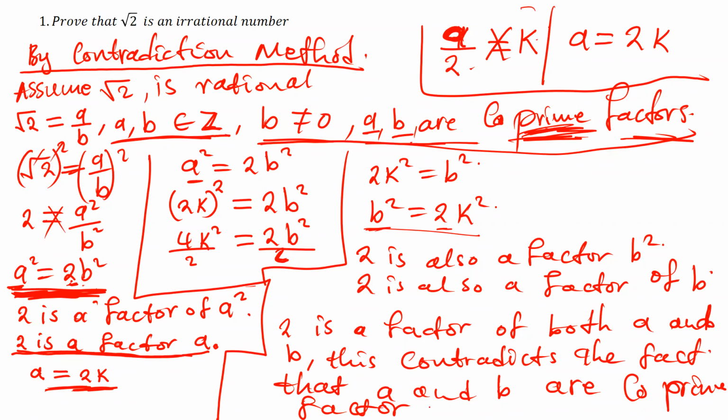So we therefore conclude that the root of 2 is rational. Oh, sorry, is irrational. Or if you want, you can say therefore the root of 2 is not rational.